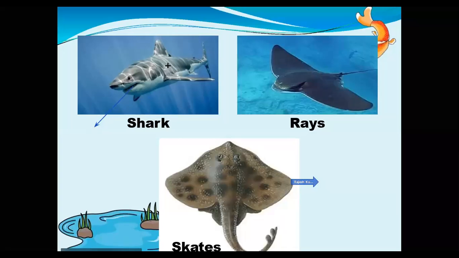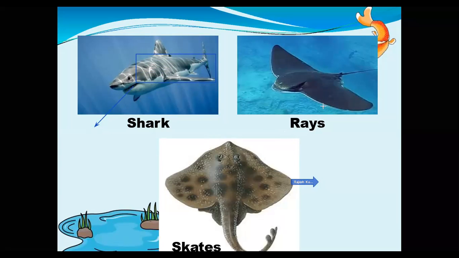But in the body there is cartilage. In the body there is no bone, only cartilage is present. Due to cartilage, the body is very flexible. These figures are examples of cartilaginous fishes.